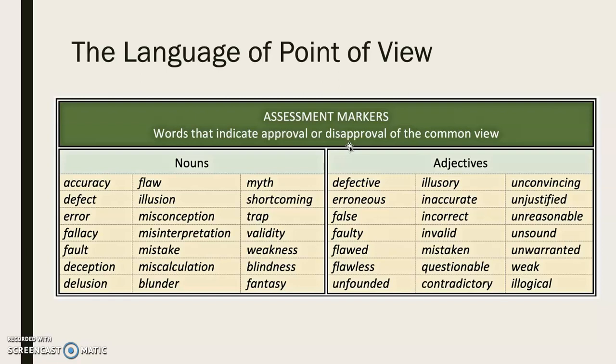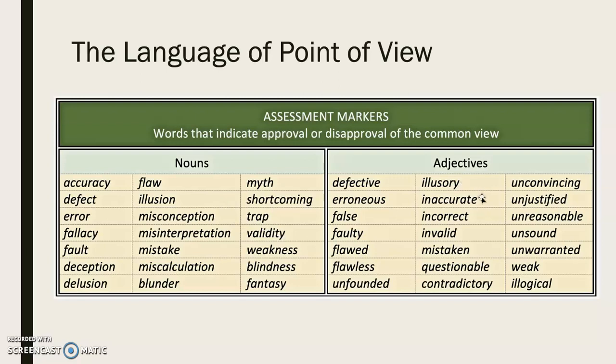So they use these words to judge the view that they're talking about. They might talk about the accuracy of the view, or that the view has a defect, or it has an error, or a fallacy, or a flaw, or that the view is an illusion. These are all nouns here.